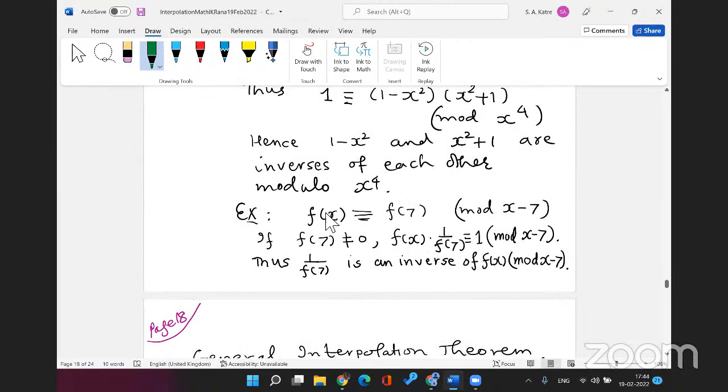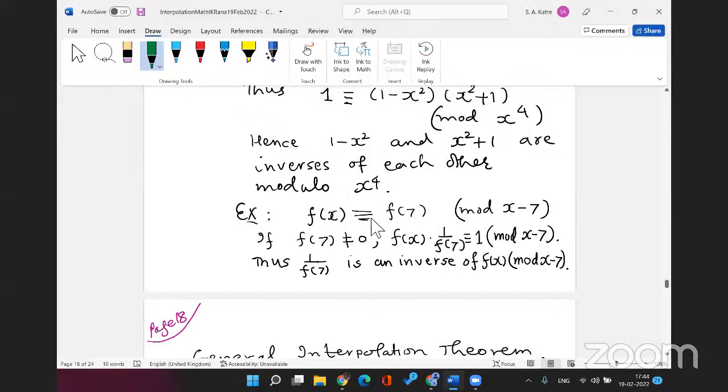Another example: suppose f(x) is a given polynomial, and we know that f(x) is congruent to f(7) modulo x minus 7. That remainder is f(7); if you divide f(x) by x minus 7, the remainder is f(7). That we know, the remainder theorem.